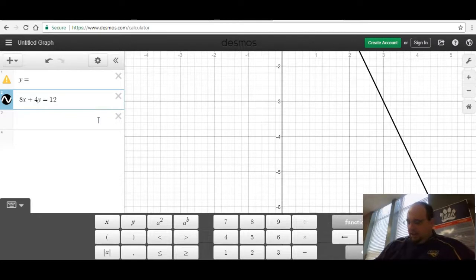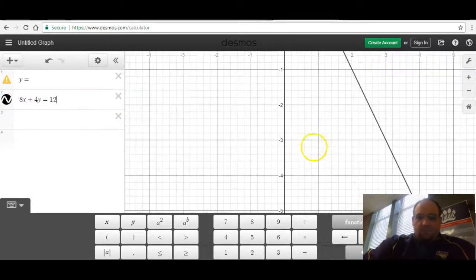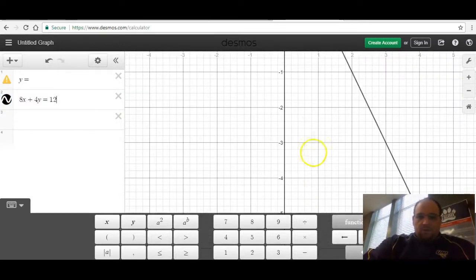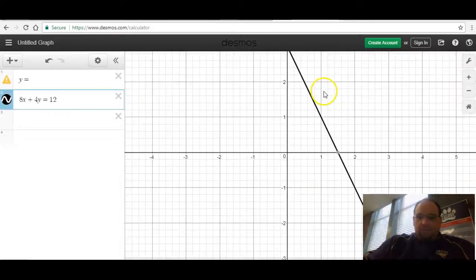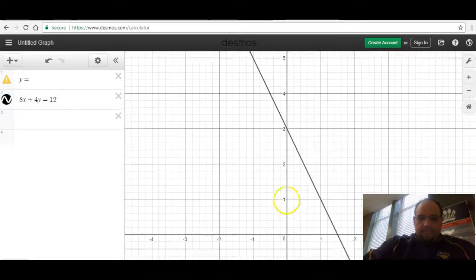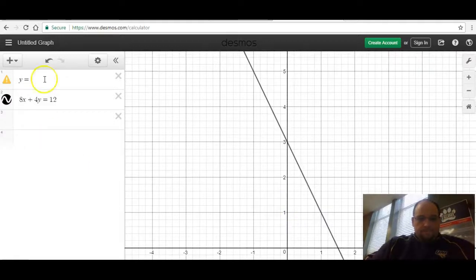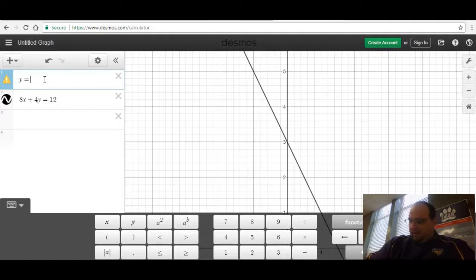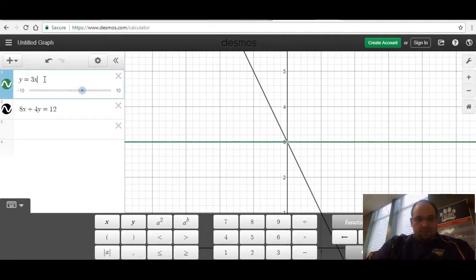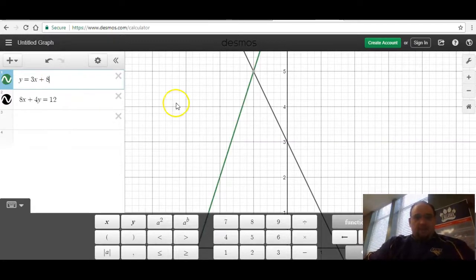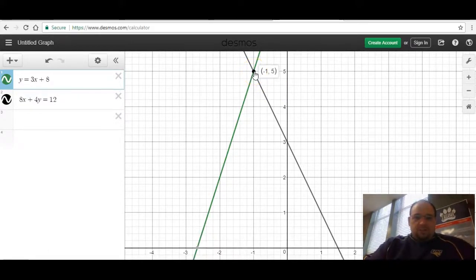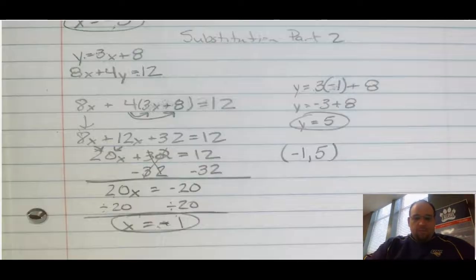Again, they should meet at negative 1, 5. So I'm going to scroll up to negative 1, 5, hopefully. Oh, I forgot to put what y was equal to in that one. y is equal to 3x plus 8. There we go. And if I take a look, there's where they cross and meet. So the solution, negative 1, 5, just confirms what I had been doing, which is the same answer that I had for that one.